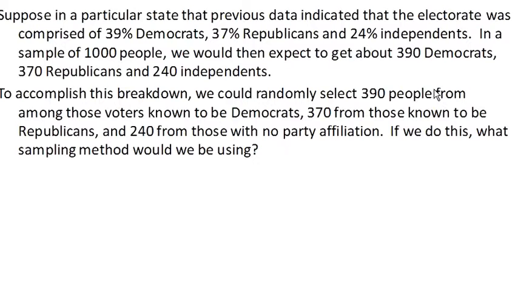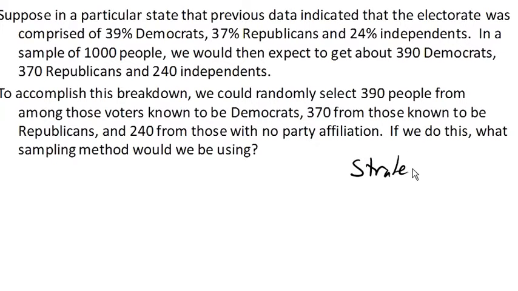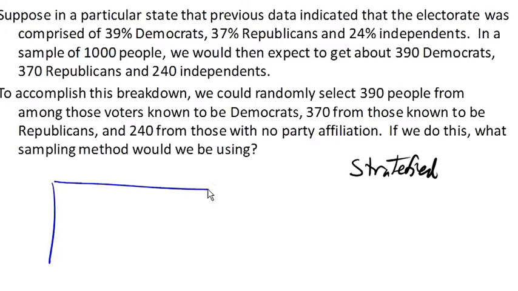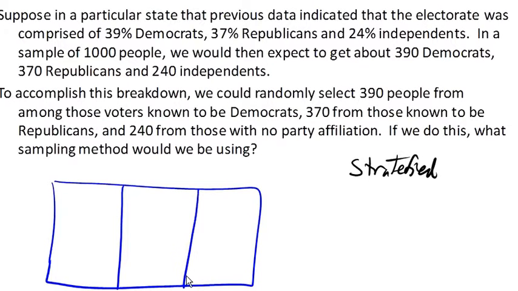So this is a method called stratified sampling. The idea behind stratified sampling is that we take our entire population and we divide it into groups, and then we sample proportionate to our desires.